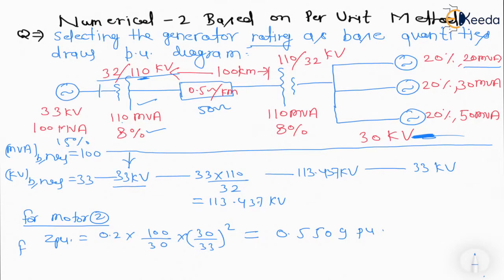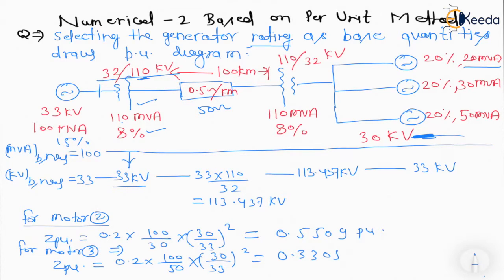And for motor number 3, ZPU will be equal to 0.2 into 100 upon 50 into 30 upon 33 squared, and that is equal to 0.3305 per unit. Now we have all the per unit values.